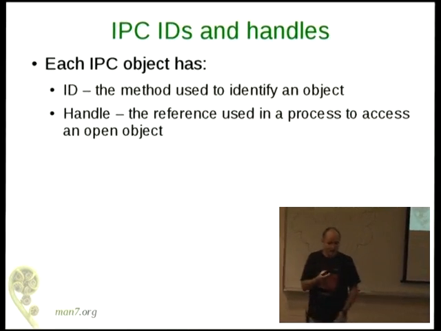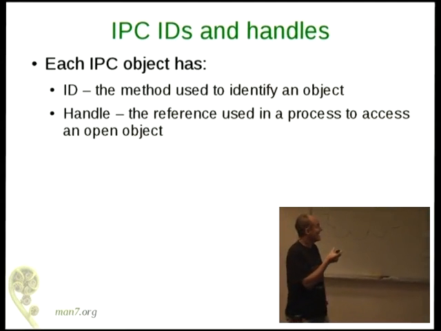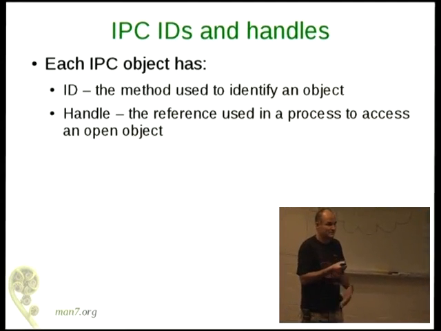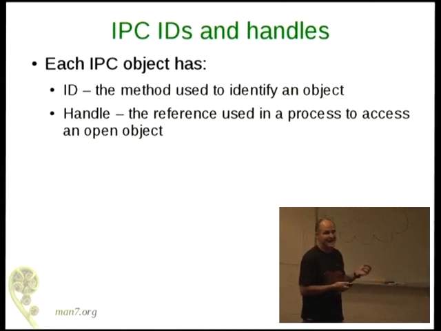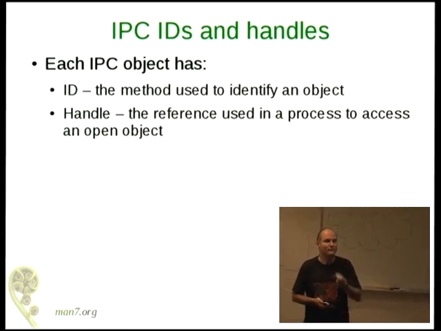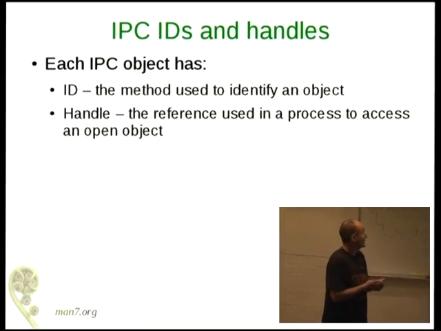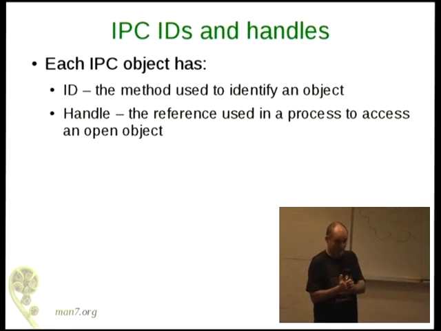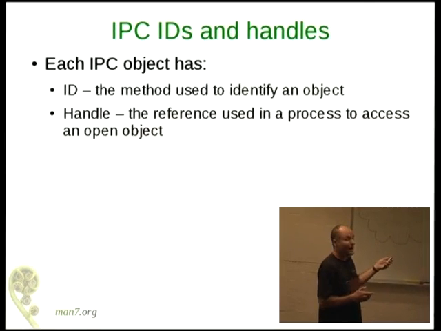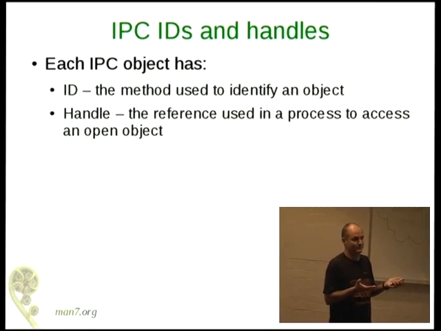First of all, every IPC object has an identifier, which identifies how you find the IPC object, and a handle, which is the thing that you use to refer to the object when you are actually working with it. If we took that analogy back to files, the ID is the path name of a file, a handle is the file descriptor.